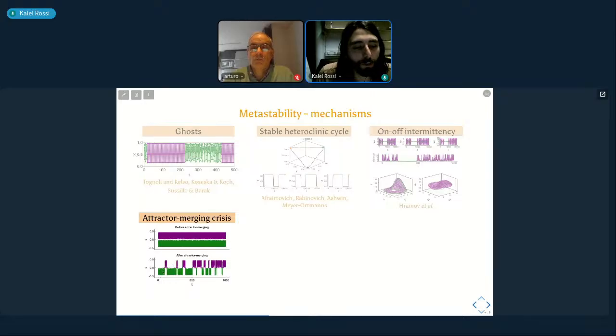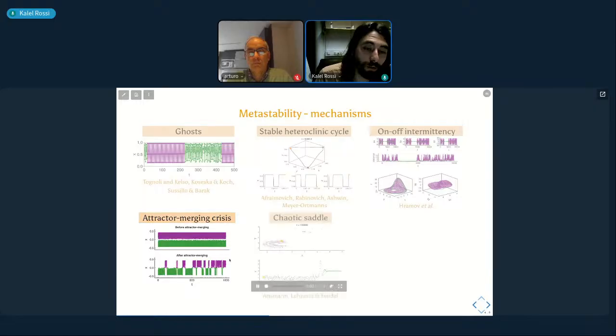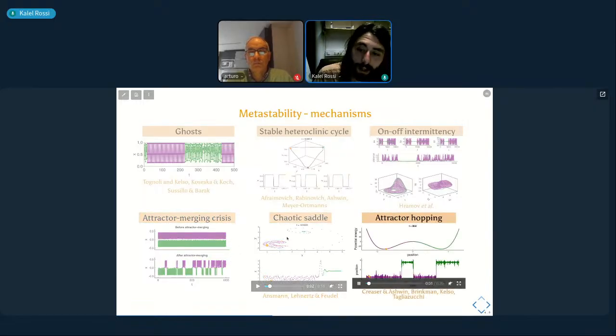But the trajectories basically have this memory, quote-unquote memory, of the previous state, because they stay on the region of one chaotic attractor for a long time, then they switch to the region of the other chaotic attractor, and they keep switching between these two different regions. So it looks like they're staying on two long transients, on two almost invariant regions. Chaotic shadow I already mentioned before, and the attractor hopping phenomena I already mentioned before.